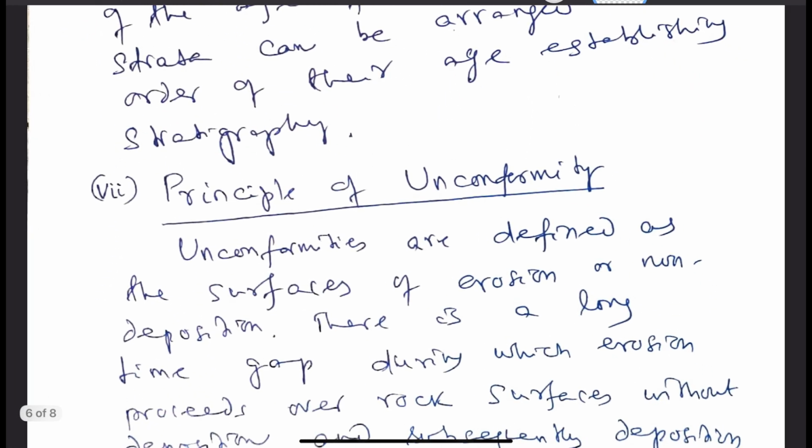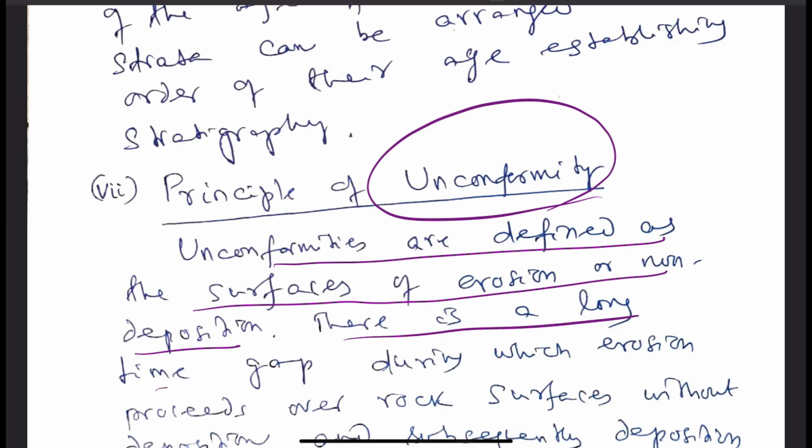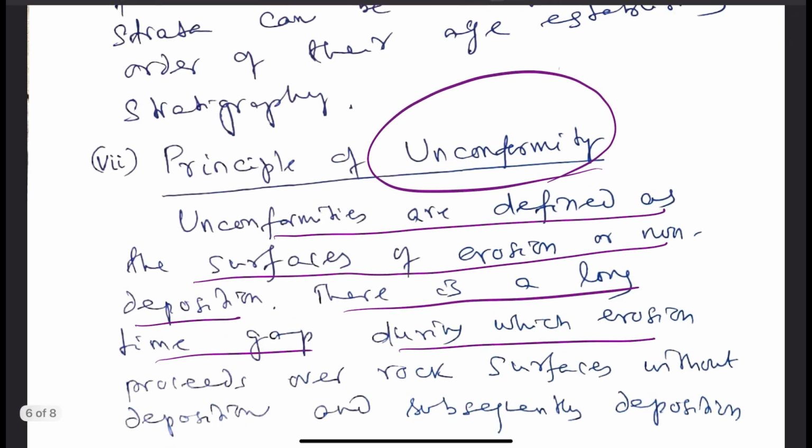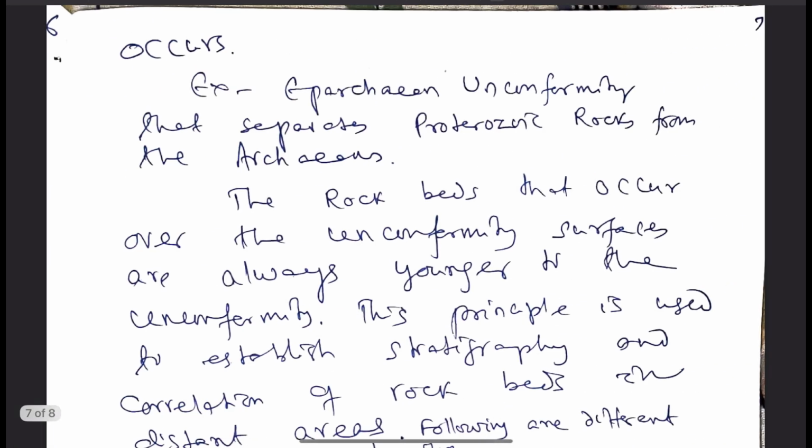Besides that, we have the unconformity. Unconformities also identify the age. What is unconformity? Unconformities are defined as the surfaces of erosion or non-deposition. There is a long time gap during which erosion proceeds over the rock surfaces without deposition, and subsequently deposition takes place.